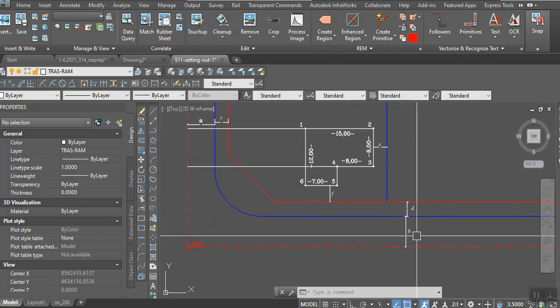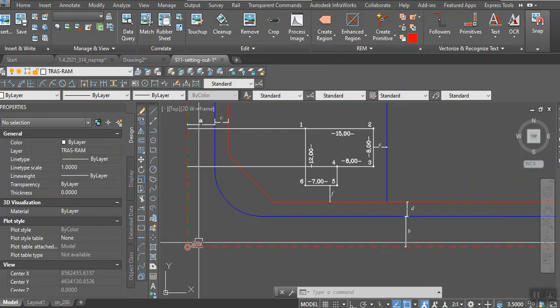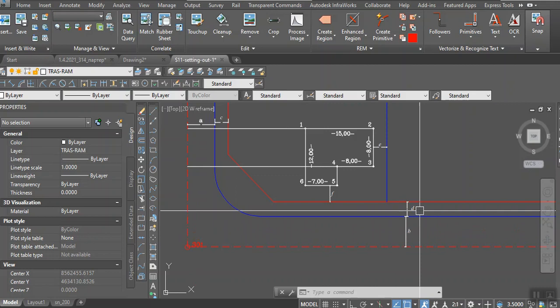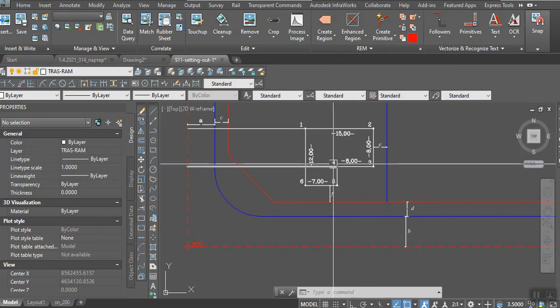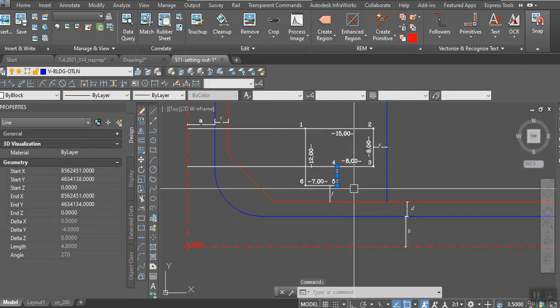So finally, the x coordinate for point 3 and point 4 is going to be the x coordinate of the certain line point plus b plus d plus f plus this side of the building.